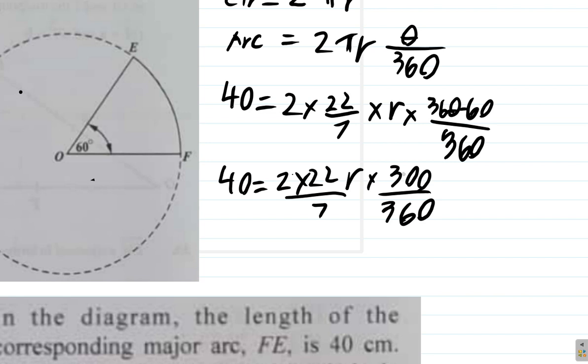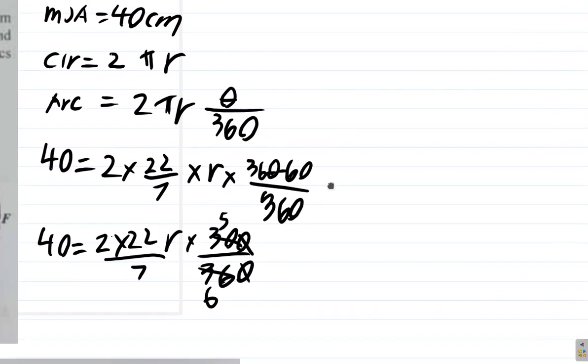So what happened here? We cancel down 10: there are 30 tens in 300 and there are 36 tens in 360. Let's cancel down by 6. 6 into 30 is 5, 6 into 36, 6. Good. So, what we have here then, let's continue over here.